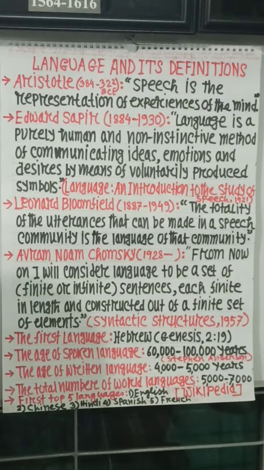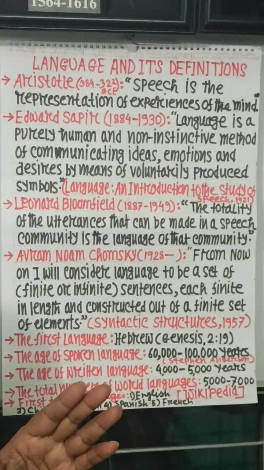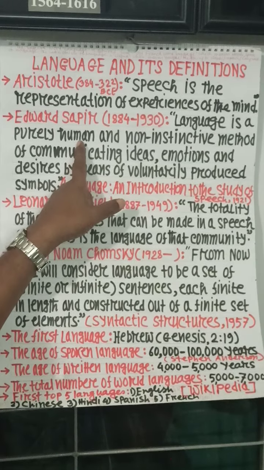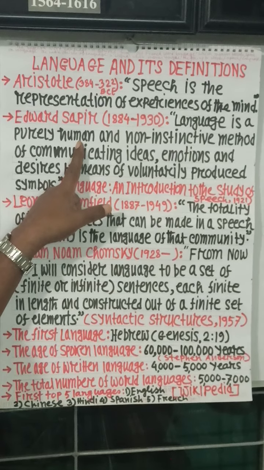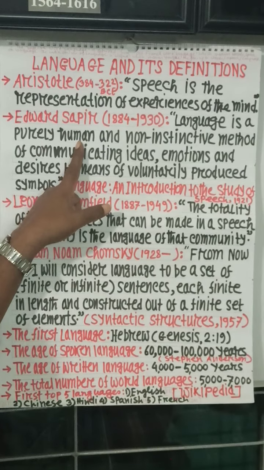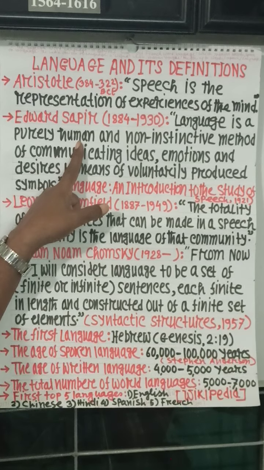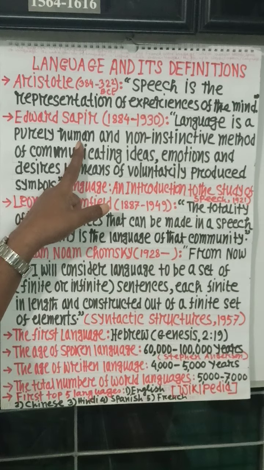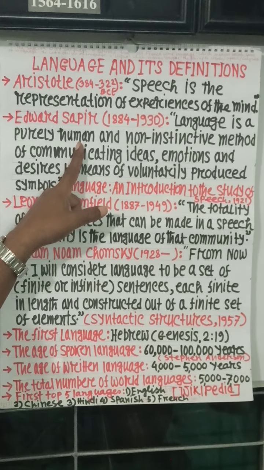And through this definition, we can know some features of language. That is, language is purely human. The sounds made by either beasts or birds or insects cannot be included in language. It must be essentially human.